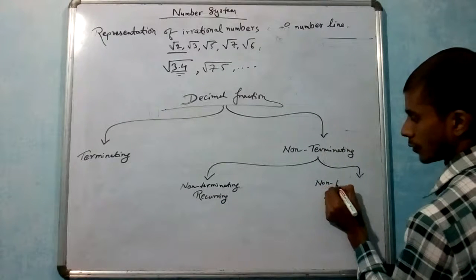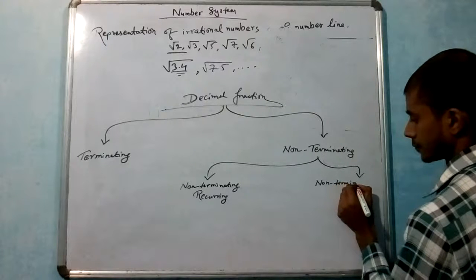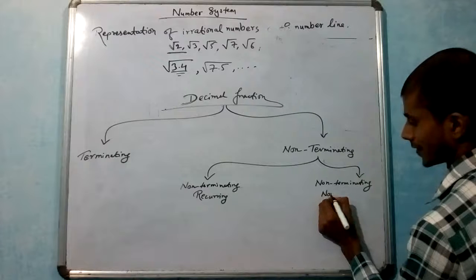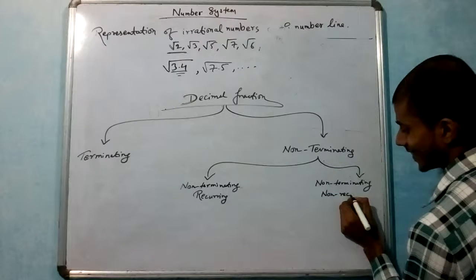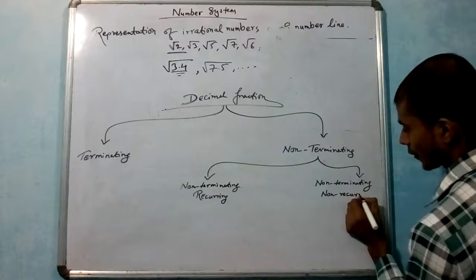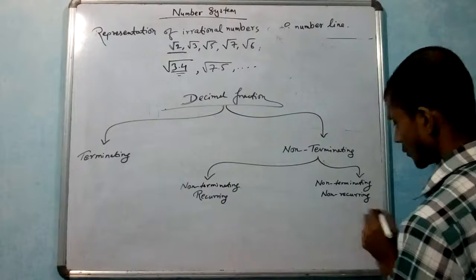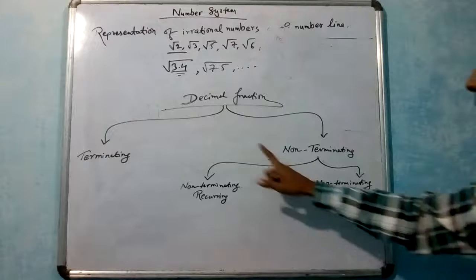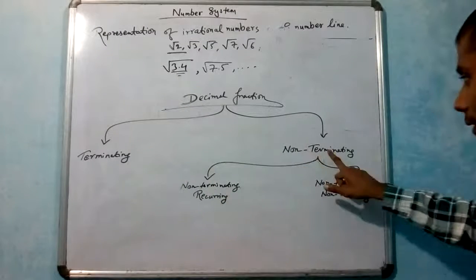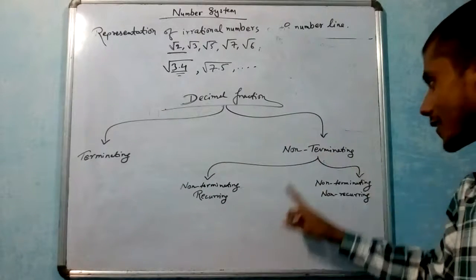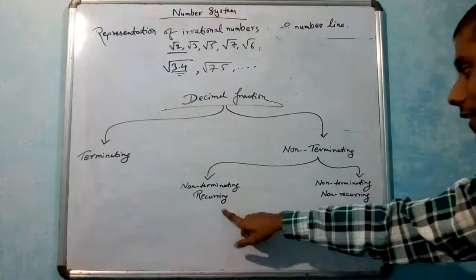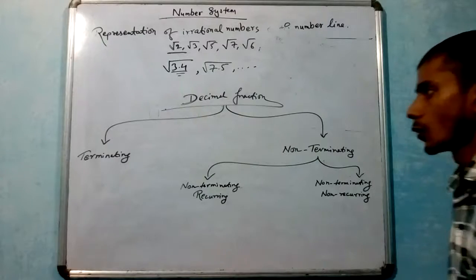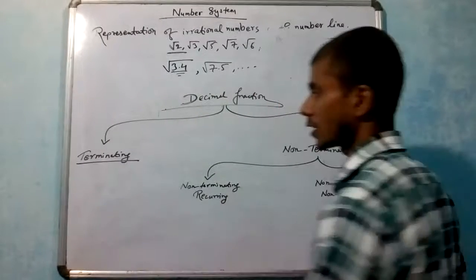Yes, I can hear you, Sinu. Say it. So that I didn't listen. Decimal fraction: terminating and non-terminating. Okay, listen. Then non-terminating recurring, non-terminating non-recurring. Okay. What is terminating decimal fraction?